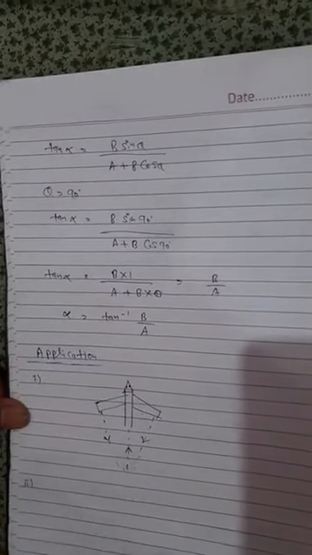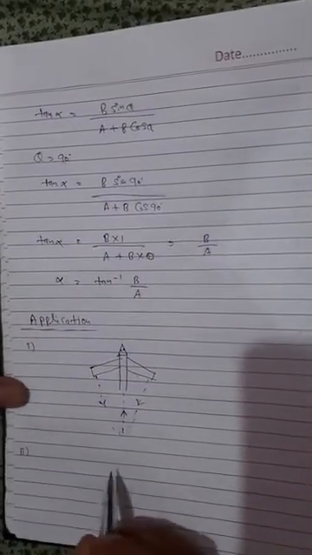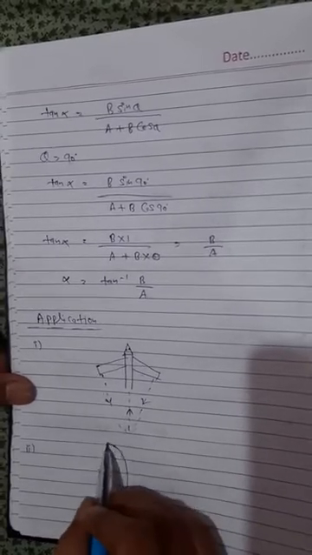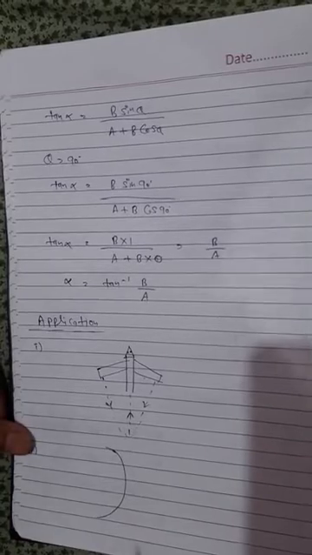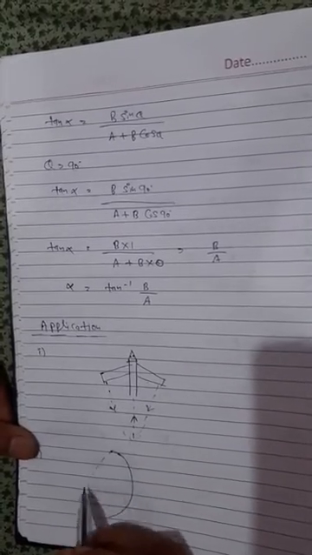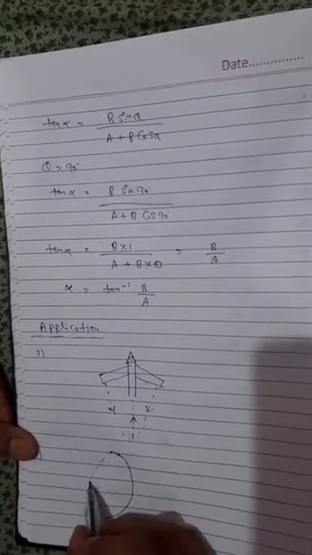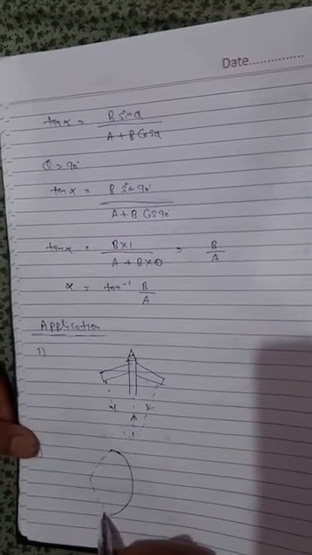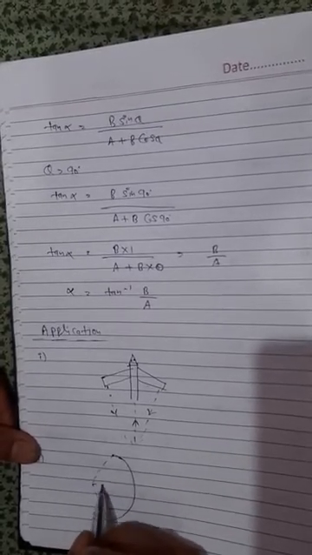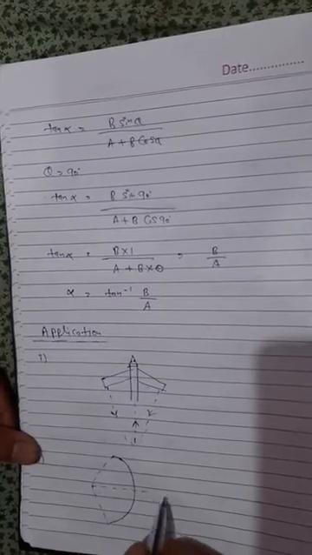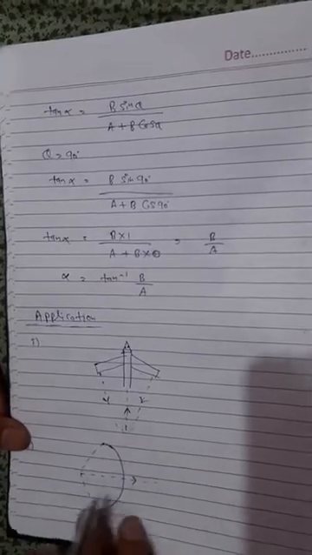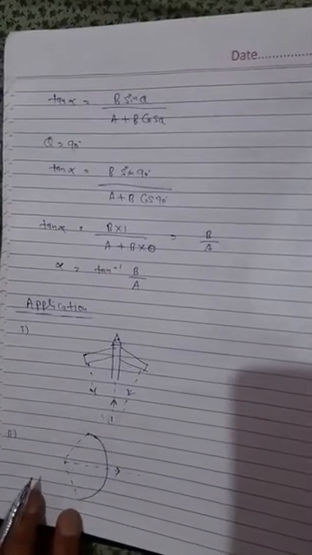The next one is the game of archery that you all know. Here we have the archery, and what the person does is pull the string of this device, and they have an arrow attached to it.